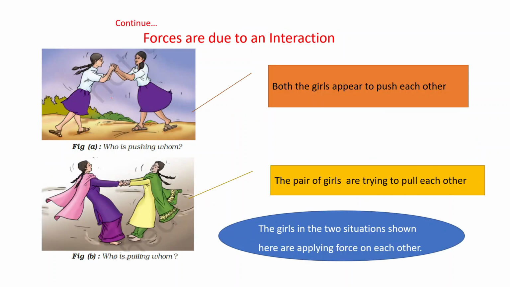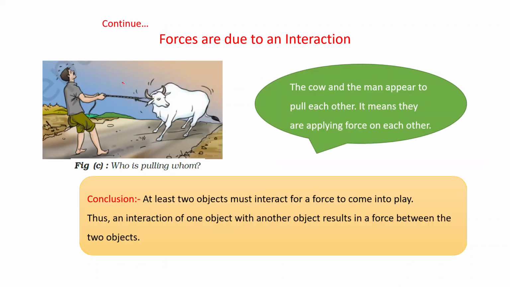Some more situations. You are familiar with this type of activity. In this diagram, who is pushing whom? We can say both the girls appear to push each other. And in this diagram, who is pulling whom? The pair of girls are trying to pull each other. The girls in the two situations shown here are applying force on each other. Again, in this diagram, the cow and the man appear to pull each other.